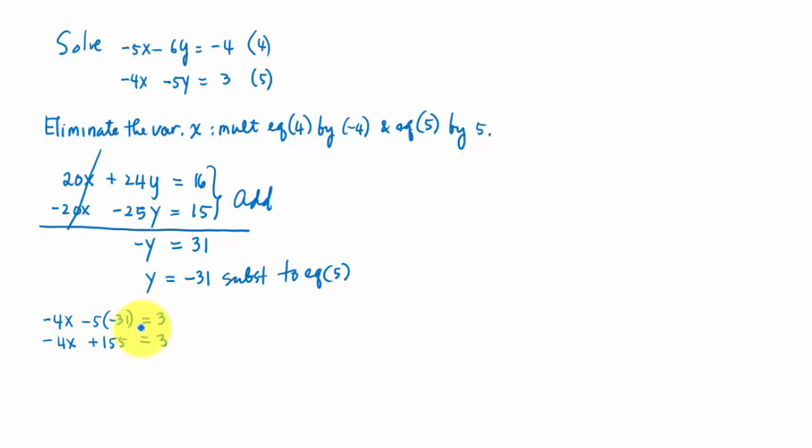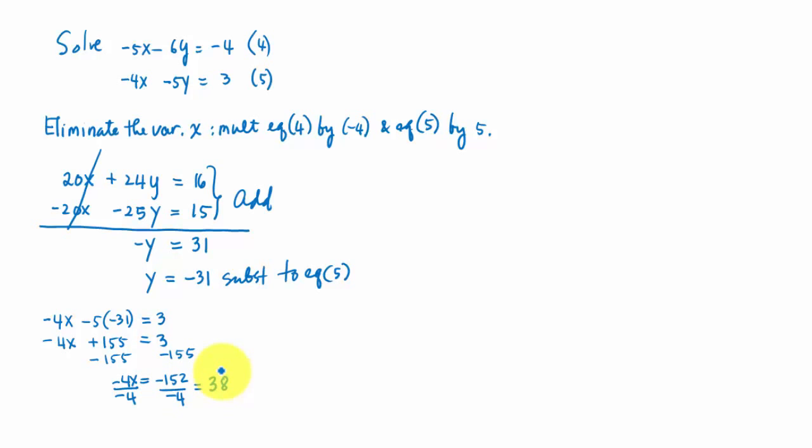Now what's next? Well, we take off 155 from both sides. What do we have? Well, that'll give us negative 4x is equal to negative 152, because when you add these two together, you have negative 152. Divide both sides by negative 4, and what is that? Well, 4 goes into here 3 times, and that becomes 38 when you simplify it.